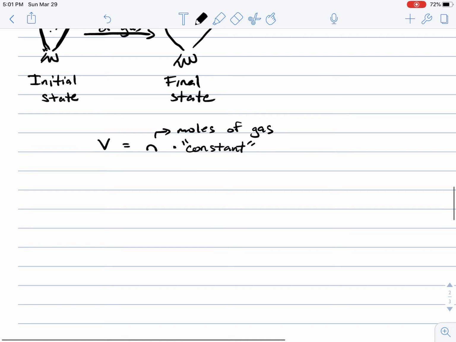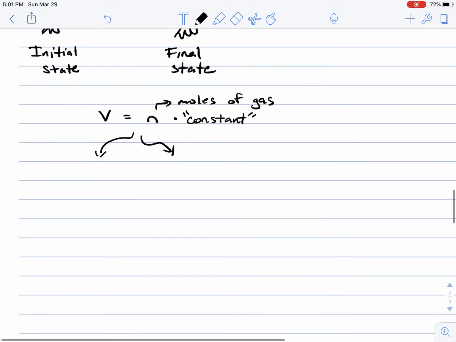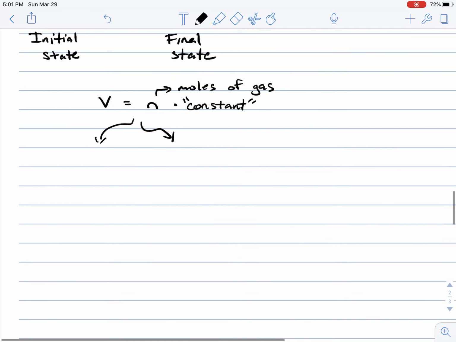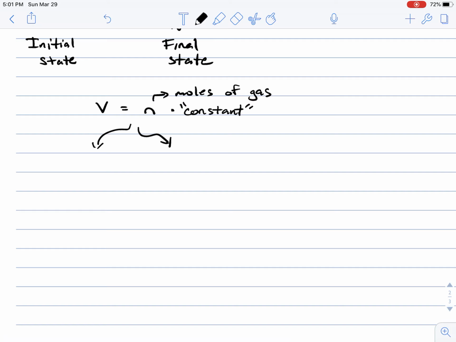And so we can go ahead and use this mathematical relationship to express the relationships between the initial state and the final state. To do so, we're just going to solve for the constant. So V over N is equal to this constant.